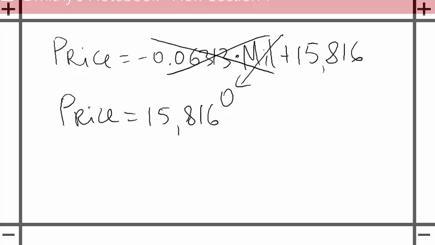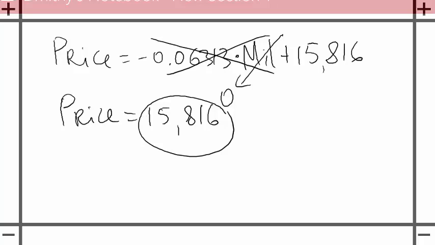What do we call a car that has mileage equal to 0? Brand new. So I can interpret the intercept as the value of the brand new car with no mileage, which is $15,816, which seems reasonable.